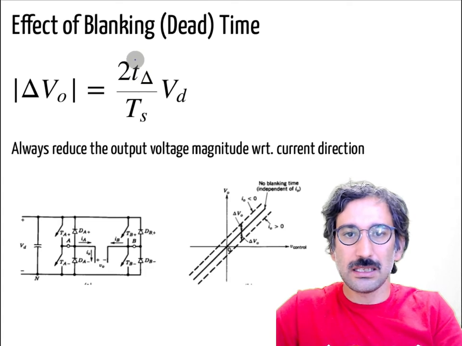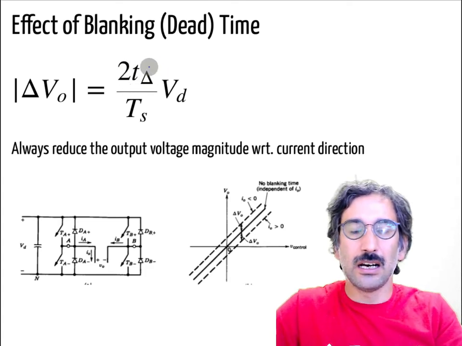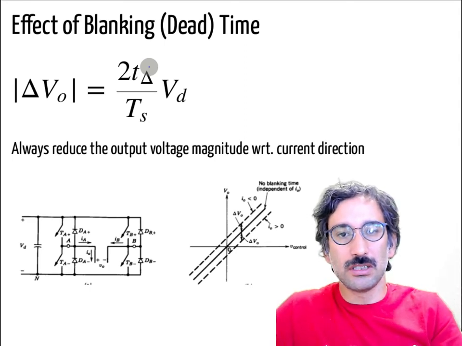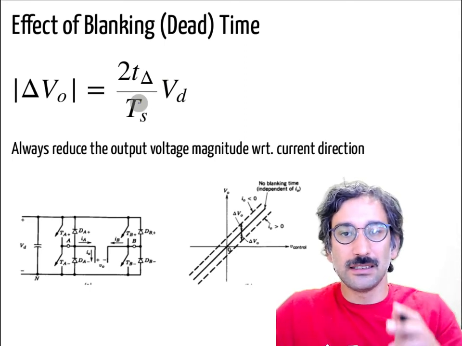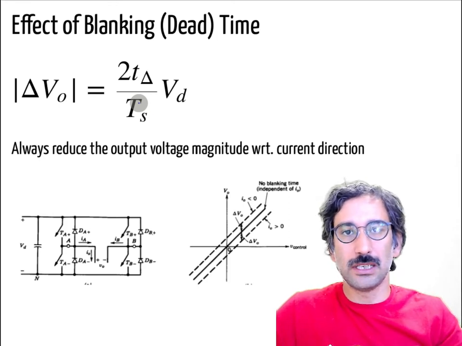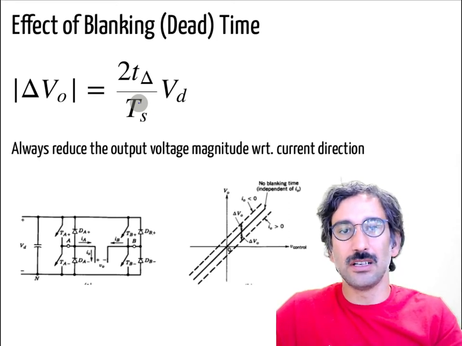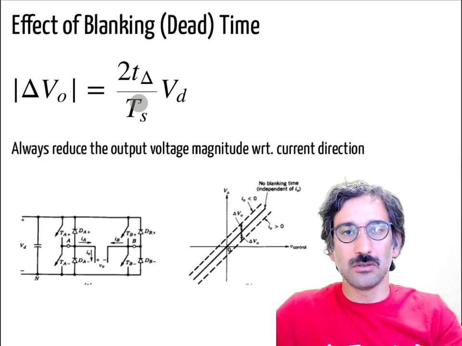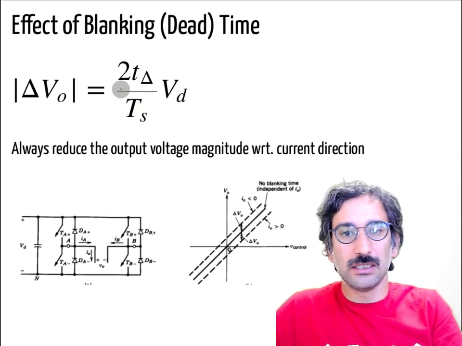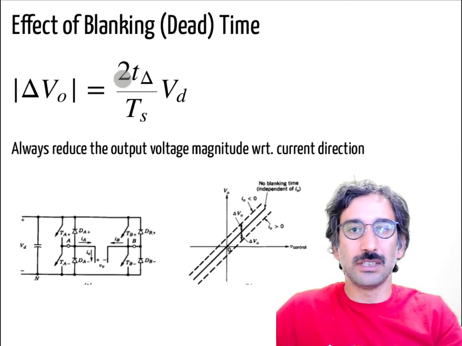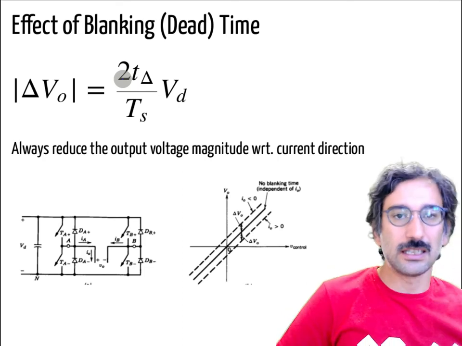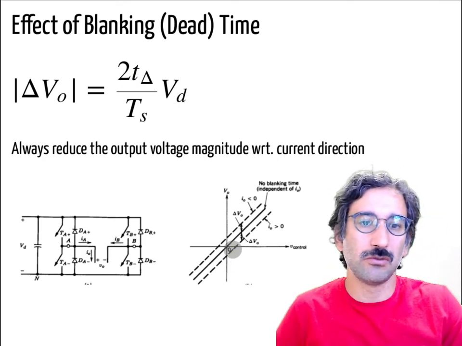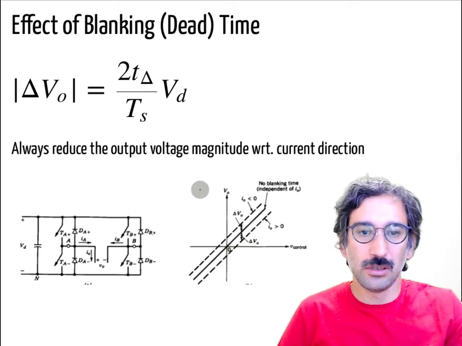As you can see, a longer dead time will cause more voltage drop, and similarly if that time happens more often. If you use the same transistor but increase the switching frequency, you shorten TS, so the ratio of that time gets larger. Those dead times will always reduce the output voltage magnitude with respect to current direction.